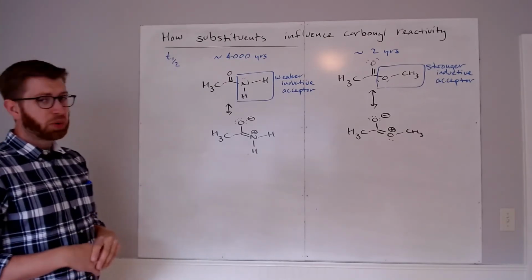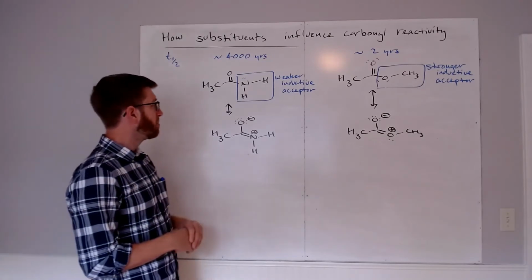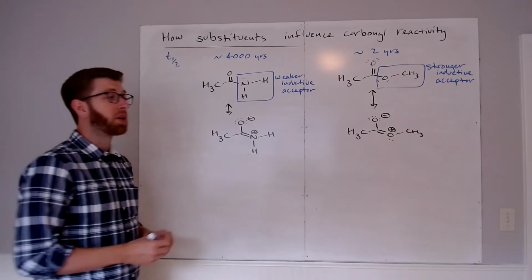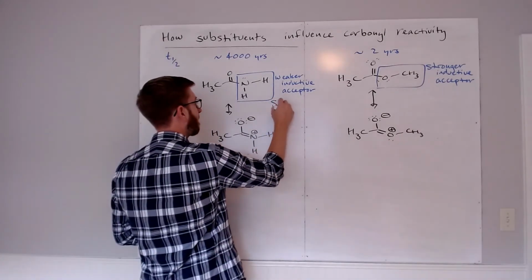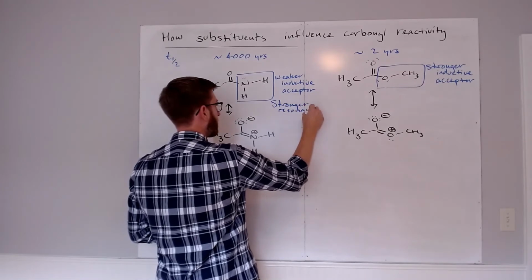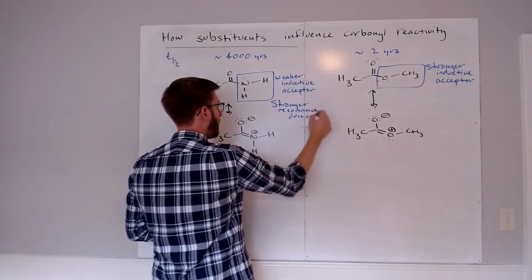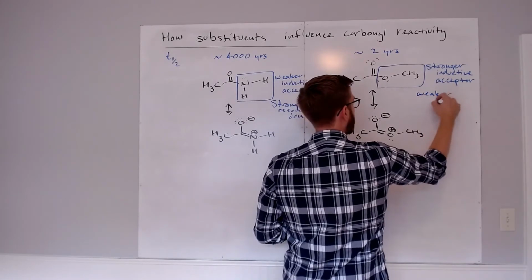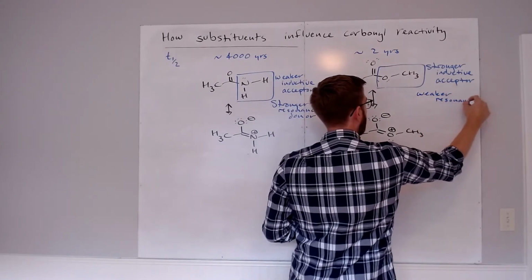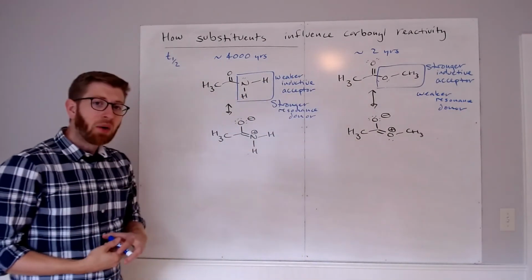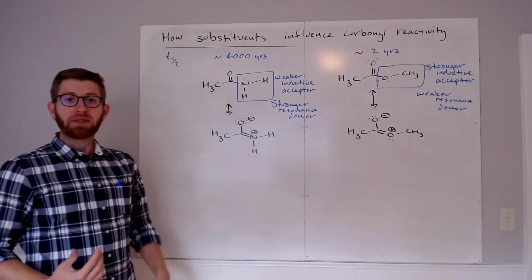So we want to also establish the fact that maybe this nitrogen is a stronger resonance donor, whereas the oxygen is a weaker resonance donor. That would be consistent with this big difference in half-lives.